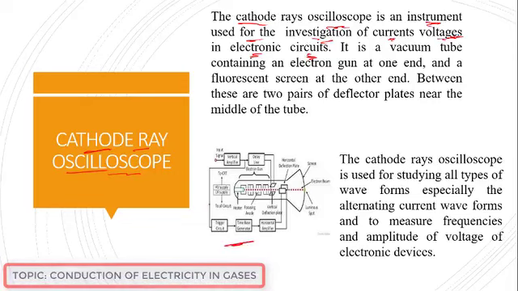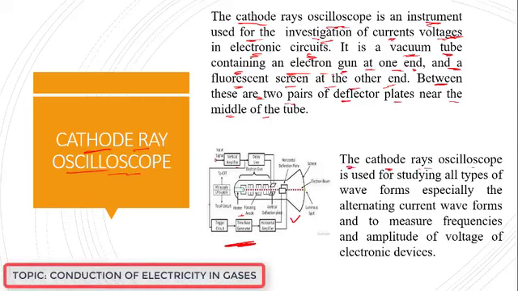As you can see from the diagram here, it is made up of a vacuum tube containing an electron gun at one end, and a fluorescent screen at the other end. In between, near the middle of the tube, are two pairs of deflector plates.